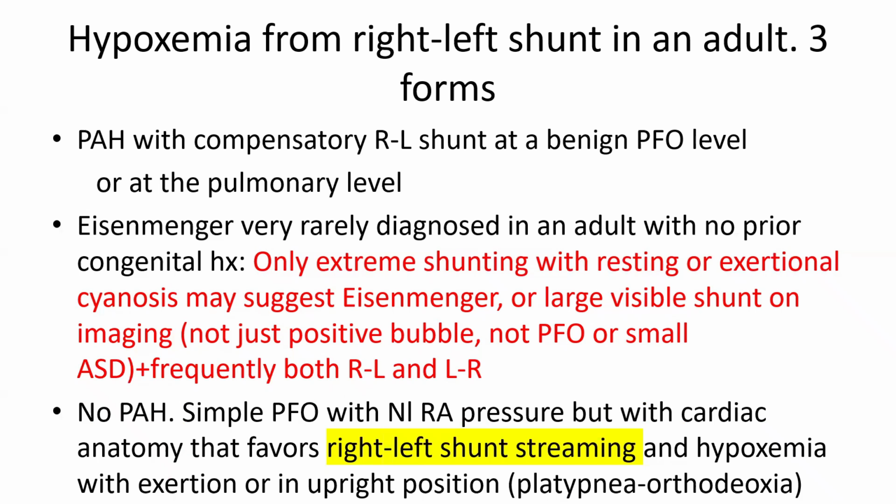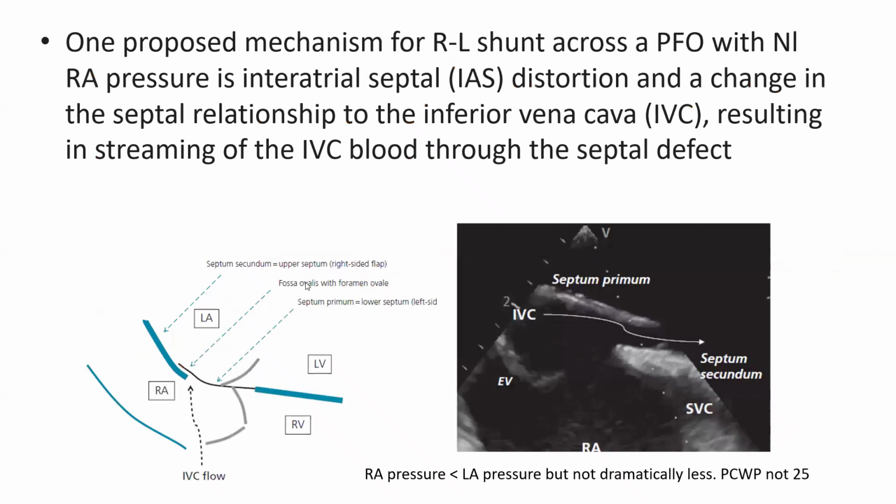He has unexplained hypoxemia, no bad lung disease, no bad heart disease, normal RA pressure, but you find a PFO. Could that benign simple PFO be causing right to left shunt? Particularly, you think about it when hypoxemia happens with exertion or with upright position, the platypnea orthodeoxia syndrome. And it can happen.